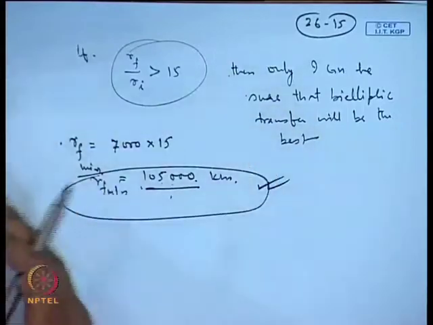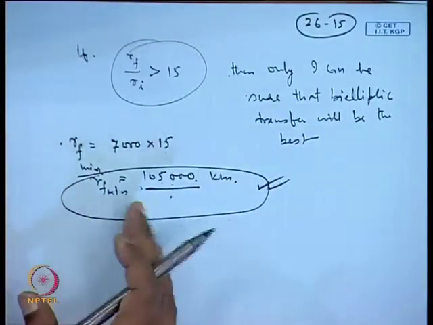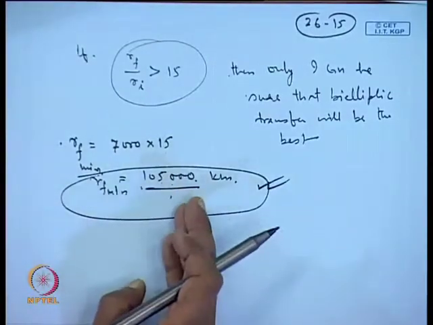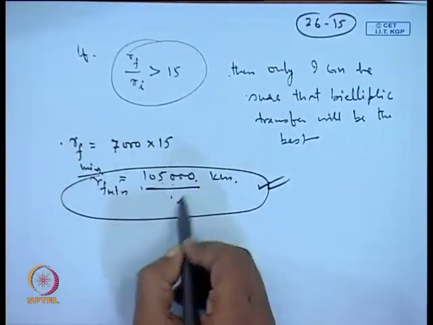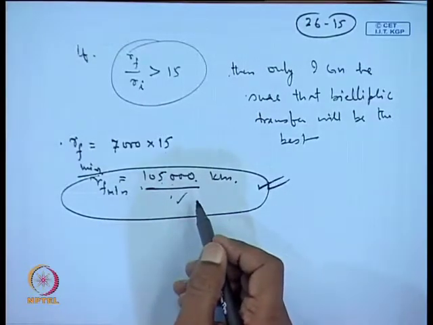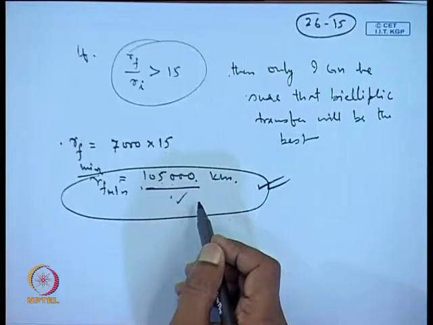So, for a smaller orbit our Hohmann transfer is good, but if the radius of the orbit increases, and in this case you can see how large it is becoming, then only your bielliptic transfer is becoming more useful.